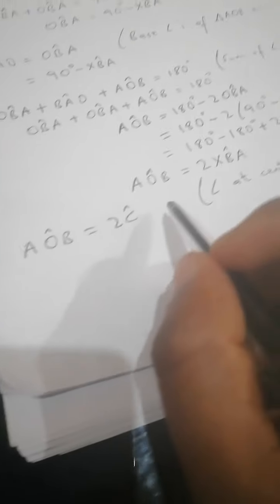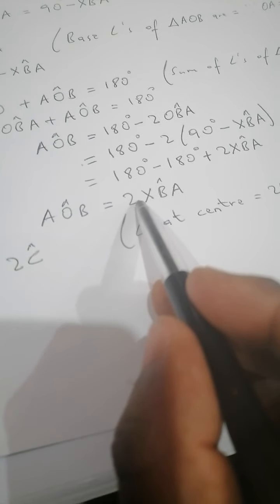Okay, so angle AOB, we've just shown that it's equal to 2 times angle XBA. So 2 angle XBA is equal to 2 times angle C, right?